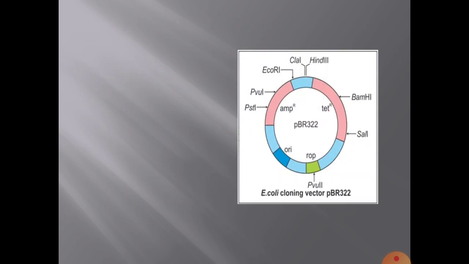Yeah, this is the picture of pBR322, which is an Escherichia coli cloning vector. That means you can clone into this E. coli cell. The host cell is Escherichia coli. Now let us see the properties of this pBR322.